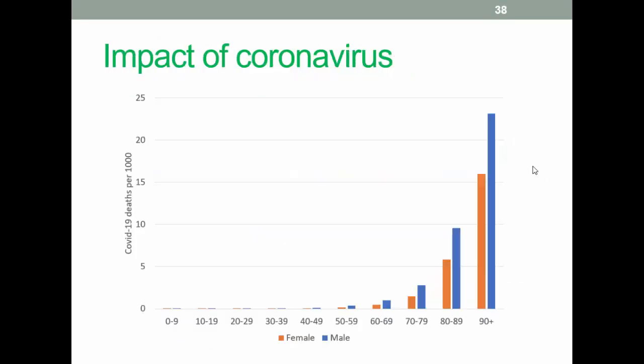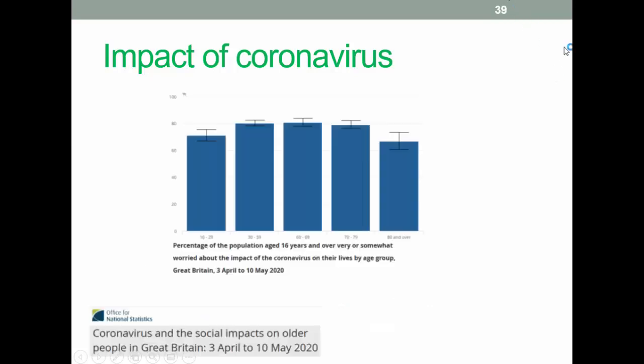Back to the coronavirus. Since the beginning of the pandemic, it has been clear that older people are more likely to have more severe outcomes, as this chart of mortality starkly demonstrates. This is from Age UK. It's, as usual, linked through from the image. One interesting observation is the oldest and youngest groups were least likely to be worried about the effect the coronavirus was having on their lives, although there were still significant levels of concern in all groups, including them.